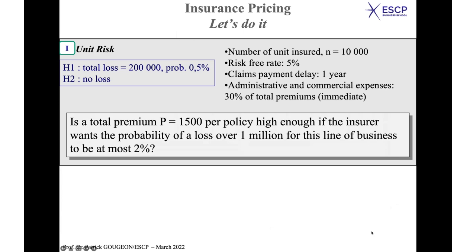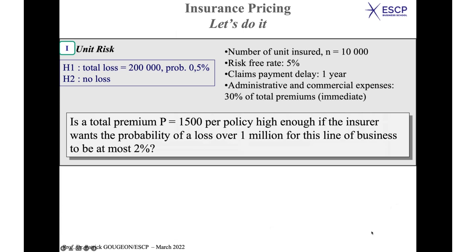In other words, if you enter a new market, you cannot just say, I'm going to fix my price like this. You will look at the market price. If you see that for this type of risk, the price on the market is 1,500, then the question is, can you do it with this price?